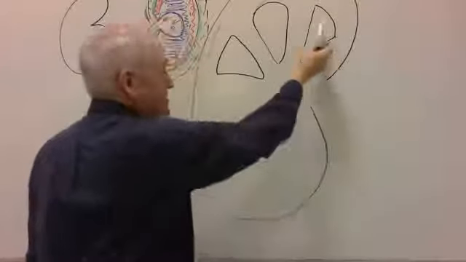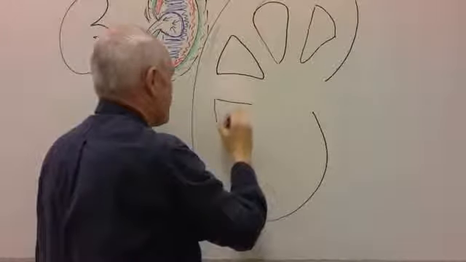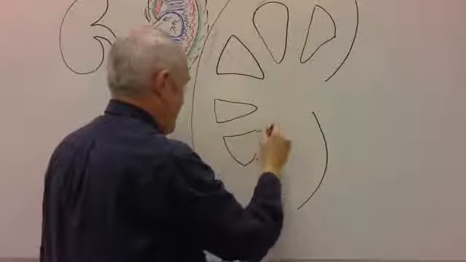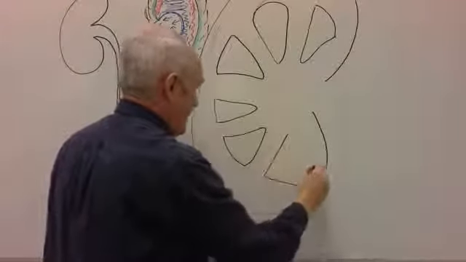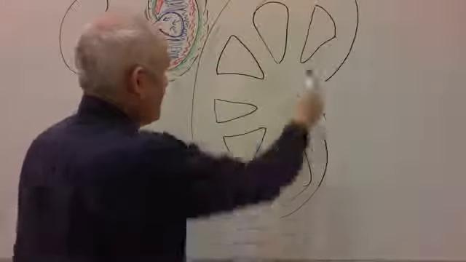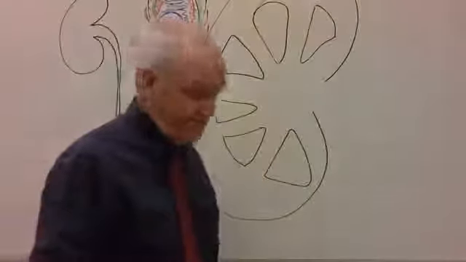They have a widened base and a smaller apex. So the renal medulla is actually composed of these medullary pyramid-shaped areas of tissue.